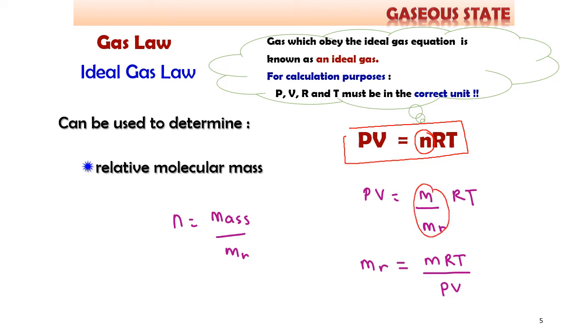When you substitute, you will get PV equals mass times RT, where R is the gas constant and T is temperature, divided by molar mass. If you want to find the molar mass of the gas, just rearrange this and you will get M equals mass times gas constant times temperature over pressure times volume. Just substitute into the equation.